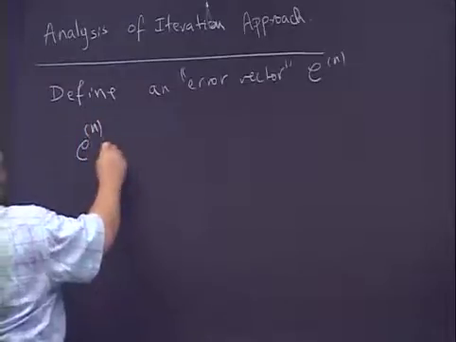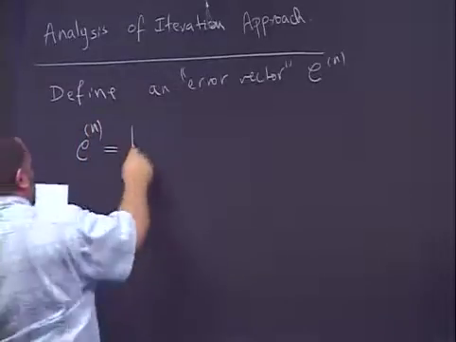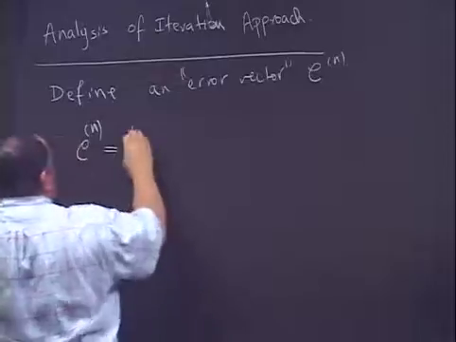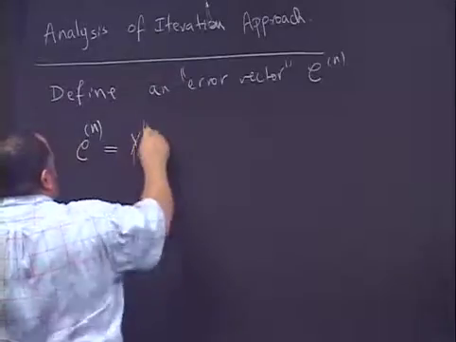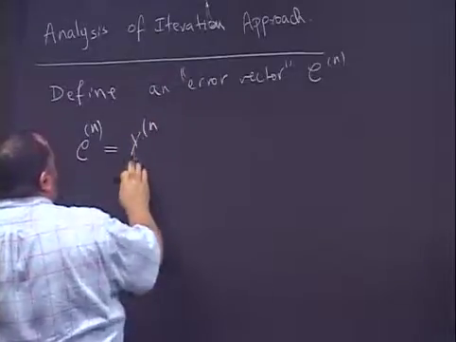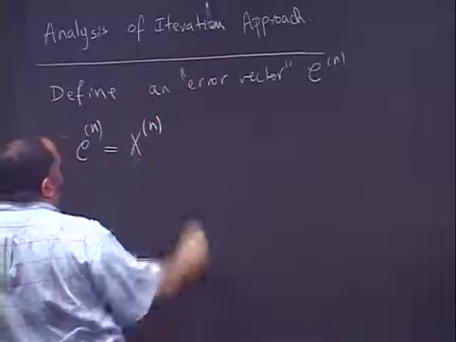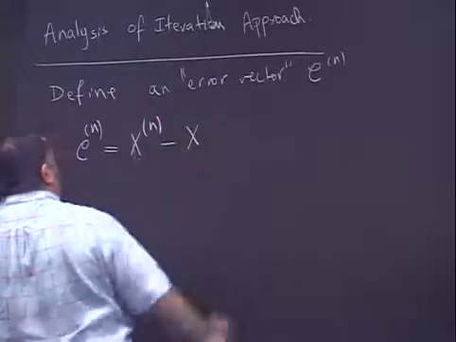The error at the nth iteration is just equal to Xn, which is the vector calculated after the nth iteration, minus the original vector.